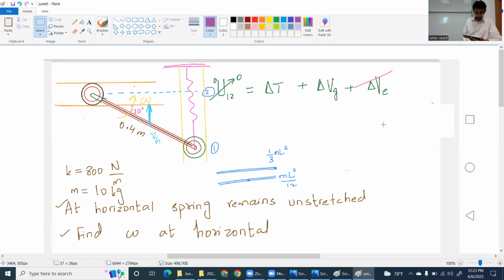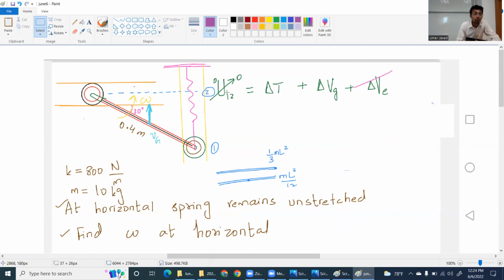While taking the integral of F ds, should we use the degree or the radian? Integral F ds? There is no applied force in this problem. The spring force. No, hang on. Are you talking about the U12 or the delta VG?